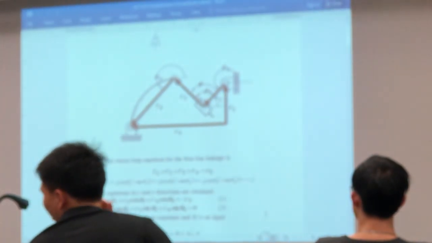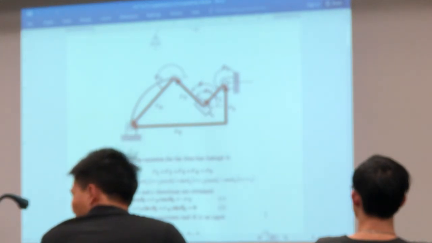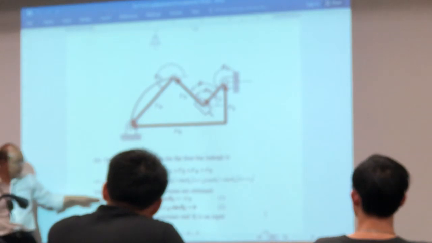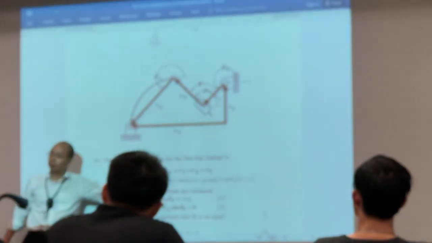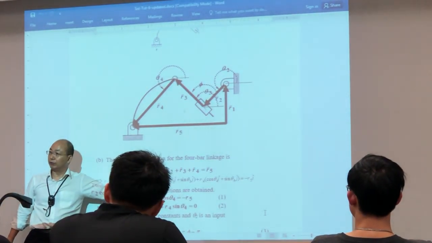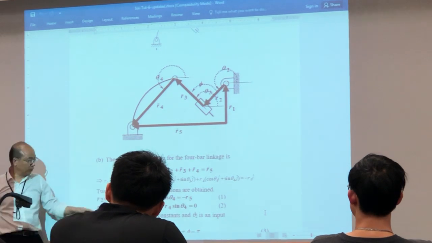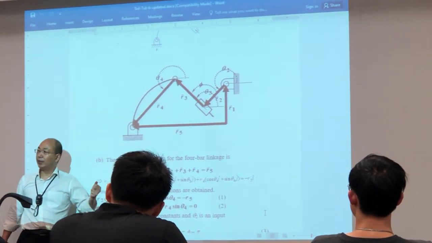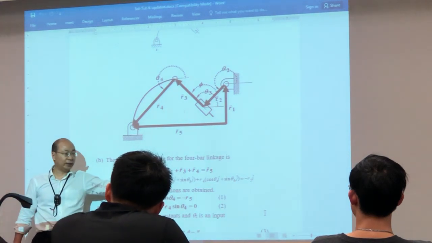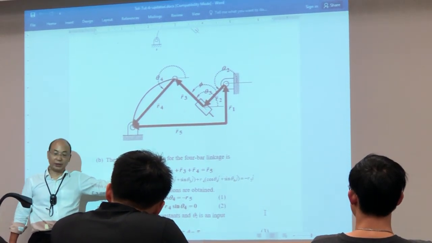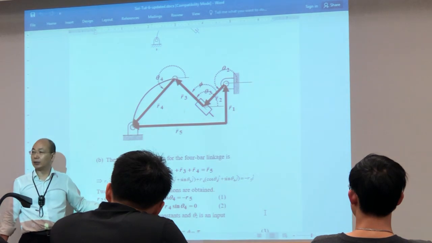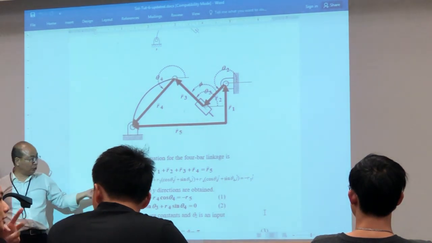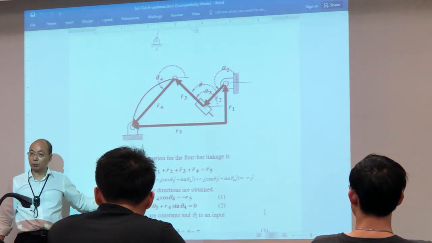So at the end, you have this vector equation, then you resolve into x components, you have one equation. This is a scalar equation for the x component, right? Then for the y components, you have another equation, right? Basically, one vector equation represents two scalar equations, correct?